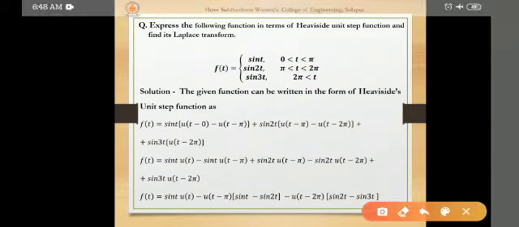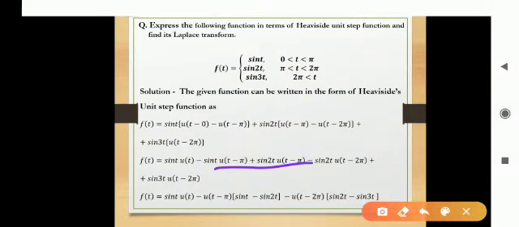Now here what we have done, in the second and third term, u of t minus pi is common, so minus u of t minus pi is taken common and the remaining terms are written in square bracket. In the fourth and fifth term, sine 2t minus sine 3t, u of t minus 2 pi is common.